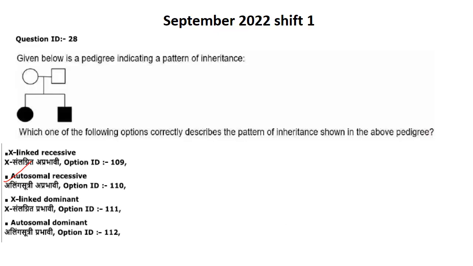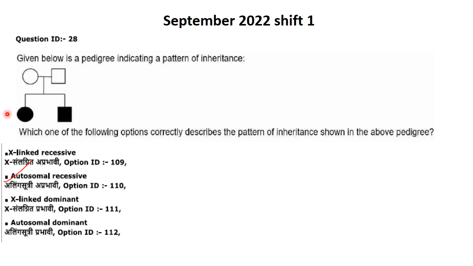Coming to the year September 22, shift 1. So coming to the first question. Given below is a pedigree indicating a pattern of inheritance. Which of the following options correctly describes the pattern of inheritance shown in the above pedigree?